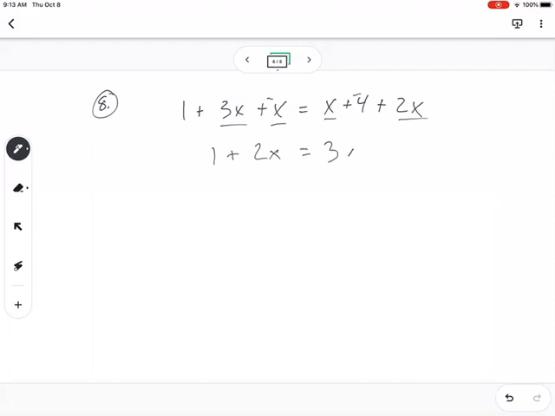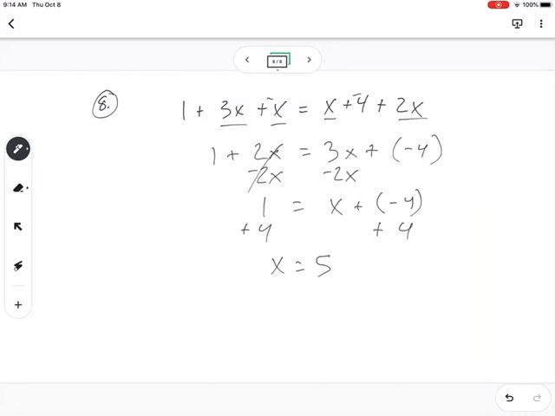So we have 1 plus 2x equals 3x plus negative 4. Take 2x away. You could have also taken 3x away, but I'd like to try and do it so I leave it with a positive when I can. So we have x plus negative 4 on that side and just 1 on this side. Add 4. And we get x equals 5.